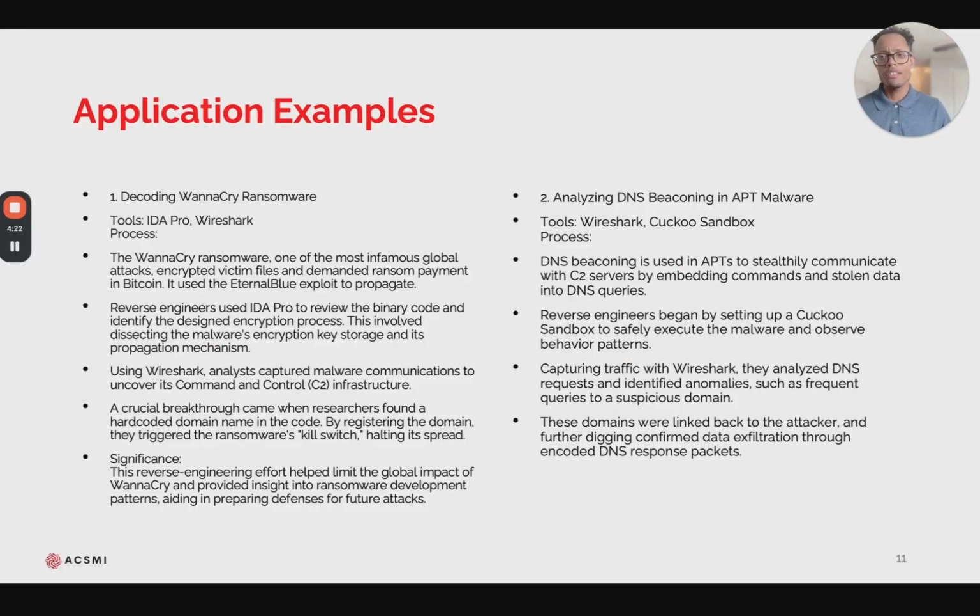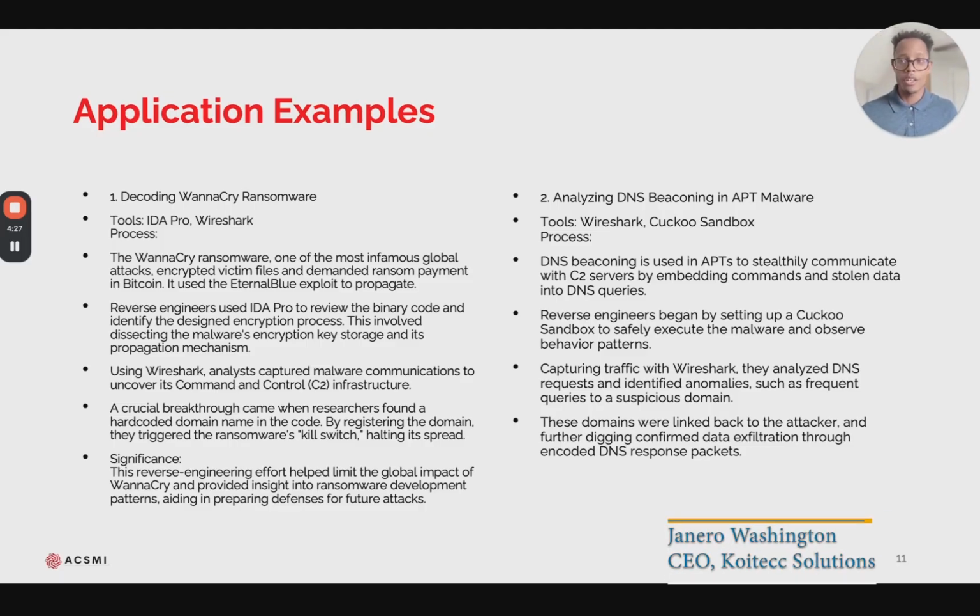So let's talk about our example of decoding WannaCry ransomware. So the tools we're going to use are Wireshark and IDA Pro. So the scenario here is the WannaCry ransomware, right? You use this to actually encrypt data. So to reverse engineer, you're going to use IDA Pro to review the binary code. You're going to be able to identify the actual encryption process.